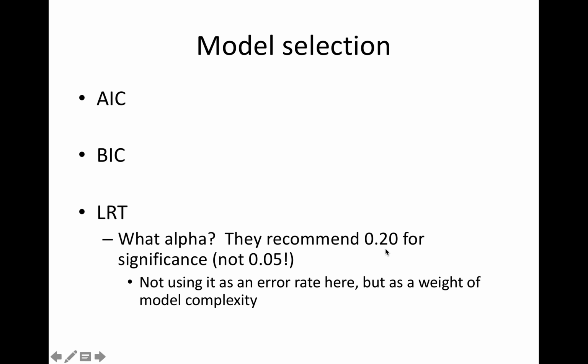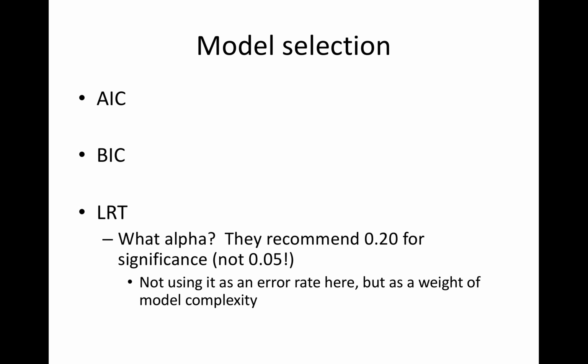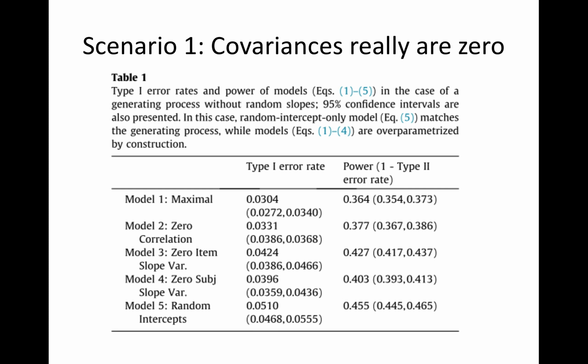So it's going to be a little bit harder to remove that random effect, because if a p-value is less than 0.2, it gets to stay instead of 0.05.